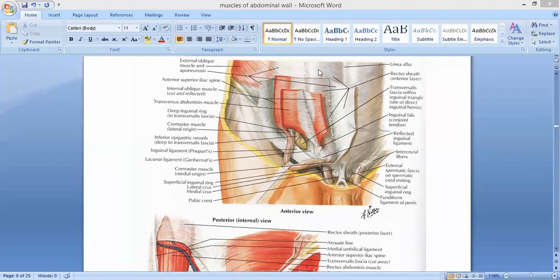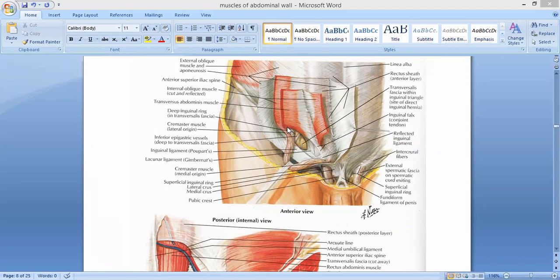Fine. So the inguinal canal, I'm going to repeat it again. It is an oblique intermuscular passage in the lower part of the anterior abdominal wall, located just above the medial end of the inguinal ligament. It is about 4 centimeters in length, about 1.5 inches.